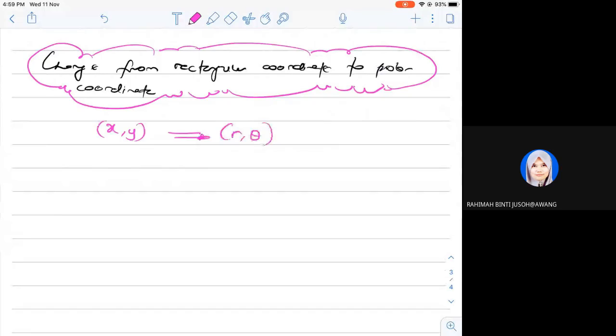I give you tips for this type of question. You need to plot the coordinate first, because sometimes if you do not plot the coordinate, you will get the wrong answer. I will explain later. So you have to plot the coordinate first.